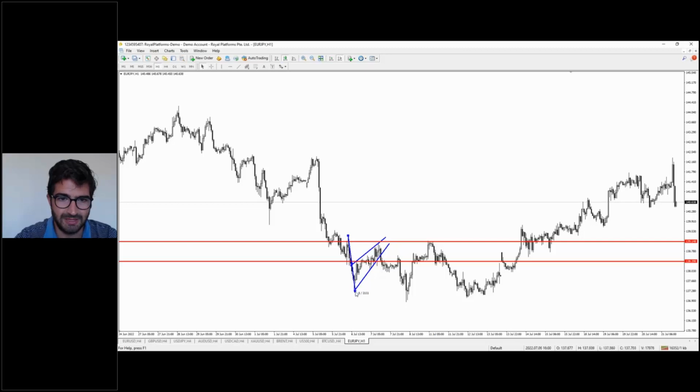Let me take this before entering this wedge, and then you will use the entry price, which is around here, like this. The market moved to the downside, however, it didn't reach the point that we use as a target profit. The market is not perfect, but it almost reached this target profit here, and then the market moved to the upside.